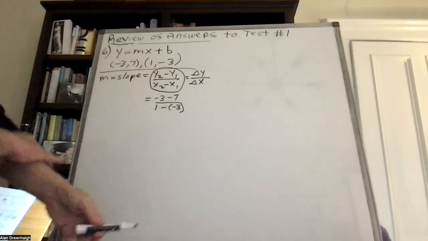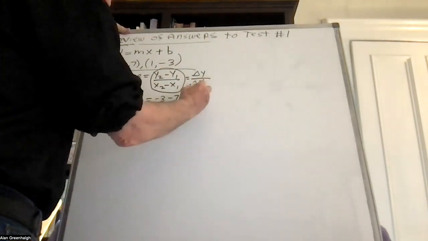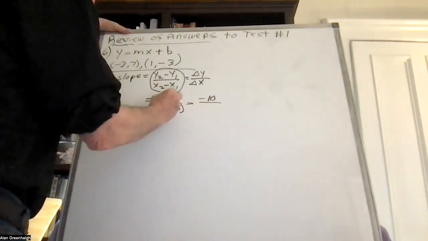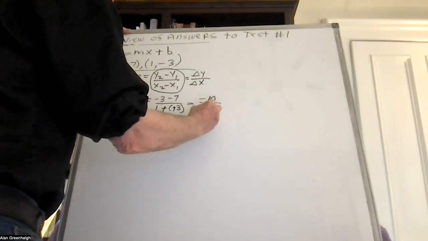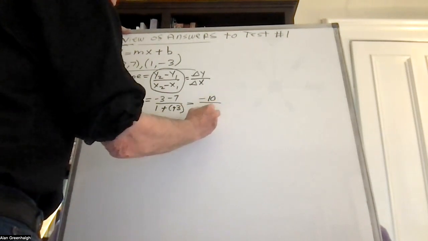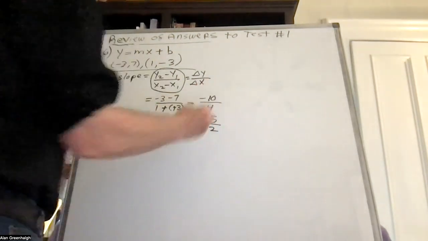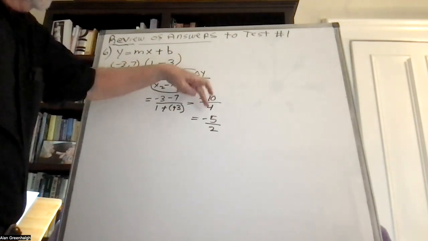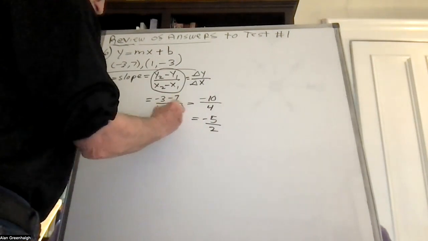A lot of mistakes on this problem. Signed numbers. Negative 10 divided by, this sign changes, it's over 4, which equals negative 5 over 2. And so what I did here was I reduced the fraction by dividing by 2. 2 into 10 is 5, 2 into 4 is 2, keep the negative. So this is what the slope is.